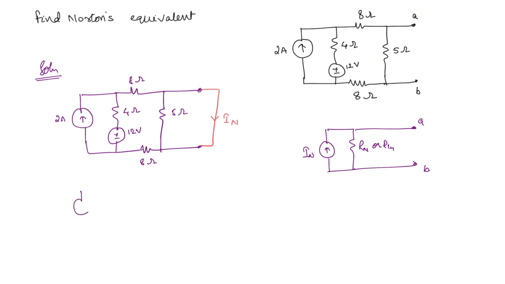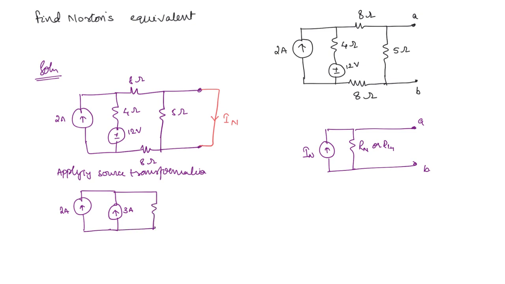Applying source transformation, what will be the value of current here? 12 by 4, which is 3 amperes. This was 2 amperes. And 4 ohm resistor, and everything else will be as it is. This is 8 ohm, 8 ohm and 5 ohm.